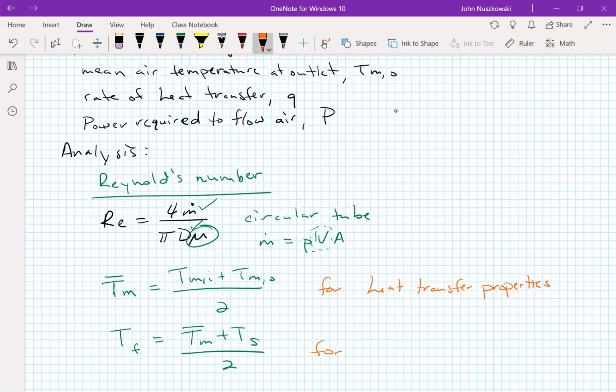And that's for hydrodynamic properties. Well, we don't have the outlet temperature, right? That's part of what we're going to have to solve. So that means we're going to have to assume something.